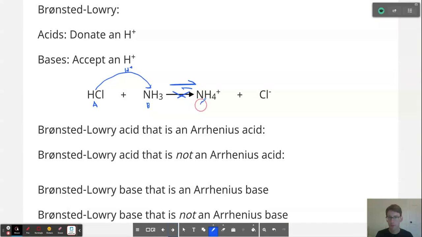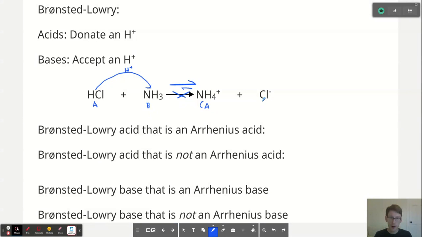And so NH4+ is going to be called our conjugate acid. So that CA stands for conjugate acid. And the reason why we know this is the conjugate acid is that NH4+ is not going to pick up another H+ and become NH5 2+, but it can lose an H+ and go back to NH3.